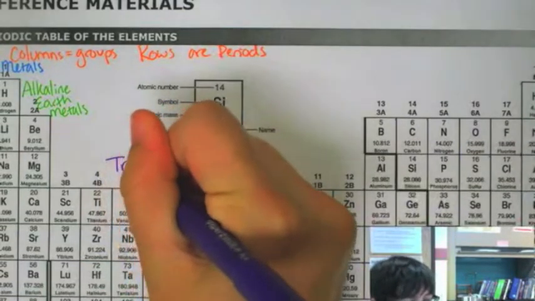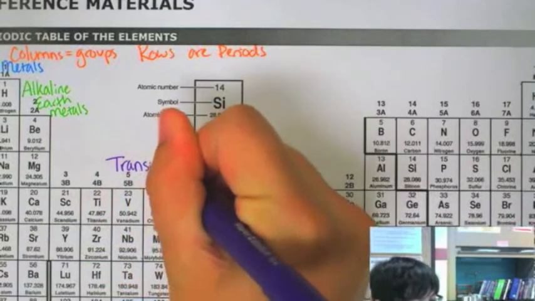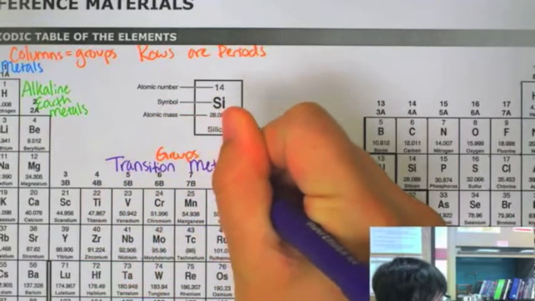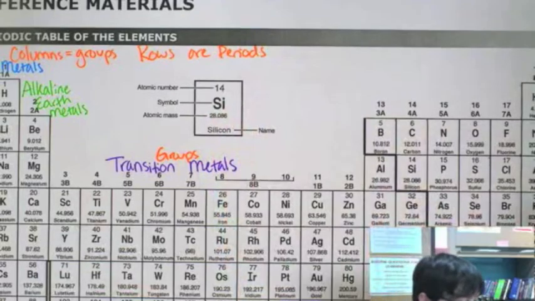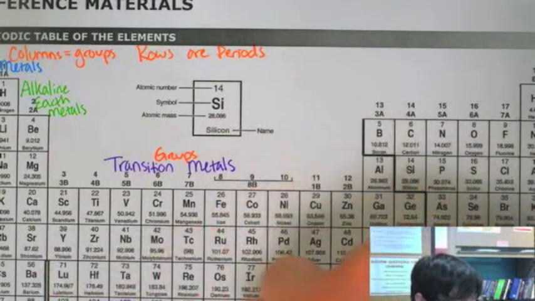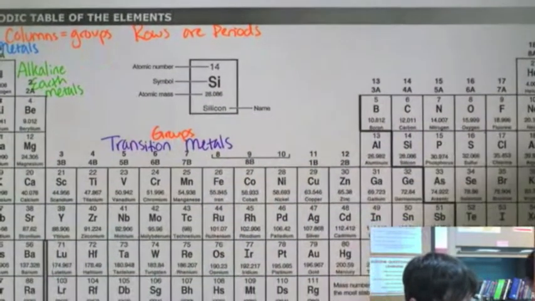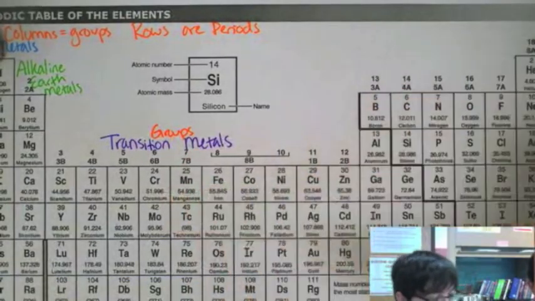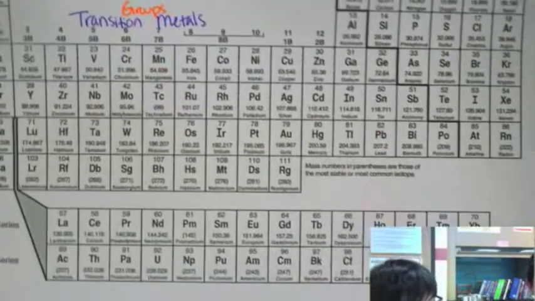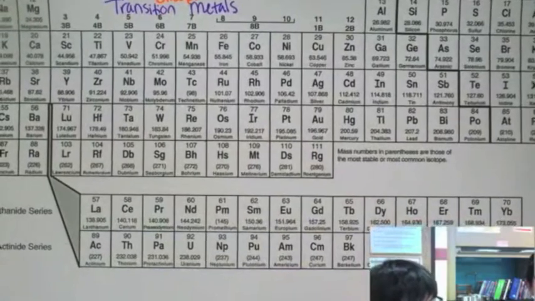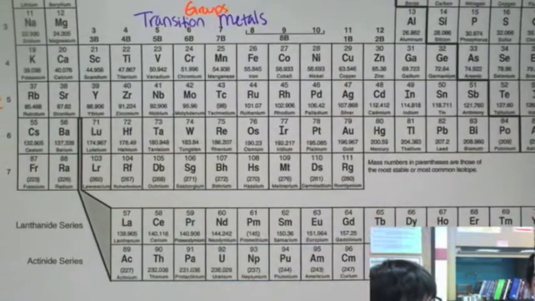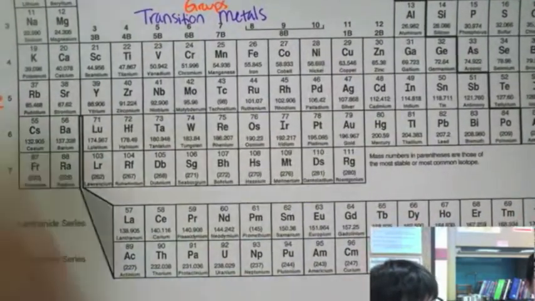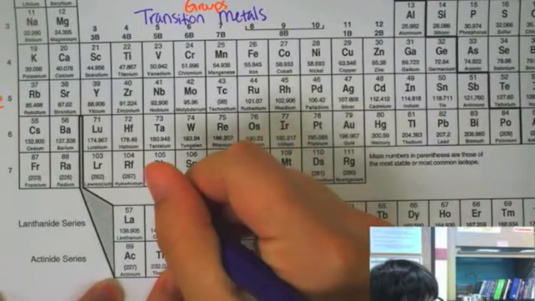Now, I did notice that there seems to be a line starting right after 56 right here, and then it branches off to these down here. Are these associated with these? They are, and actually, so these down here, the lanthanides and actinides, we'll call these rare earth metals.